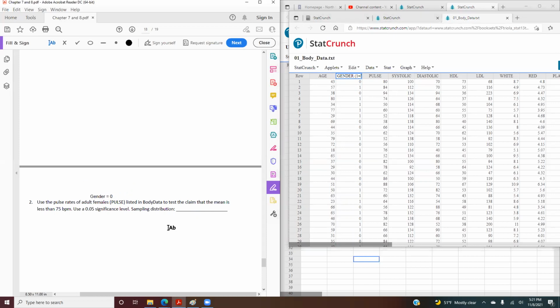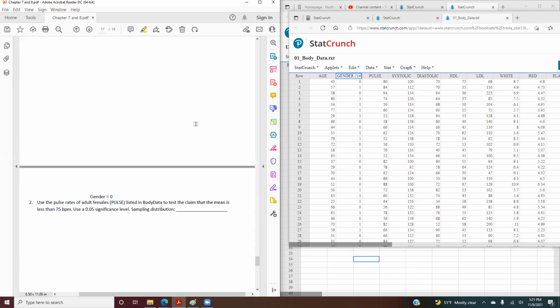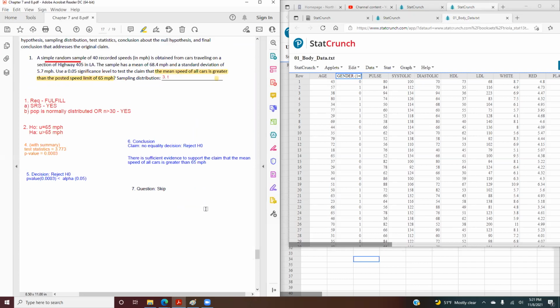The first thing for class: I want you to read this very short question, and it should have a claim statement. Underline or highlight the claim statement as usual, and then go through the whole 7 steps of what we did up here. Go ahead and do it on your own.